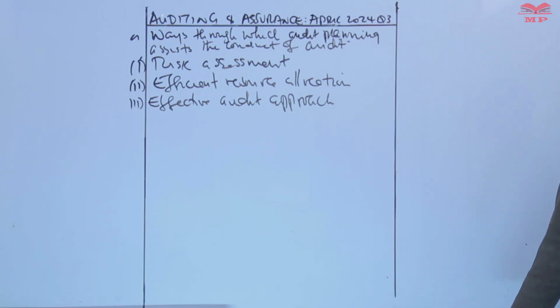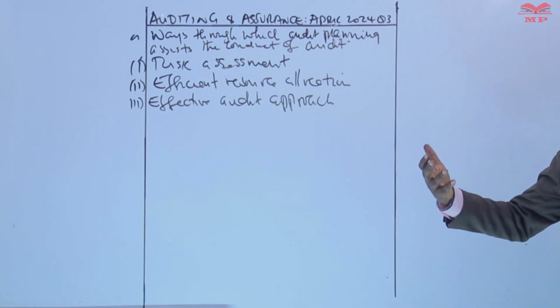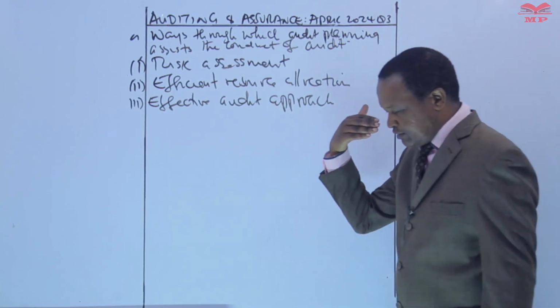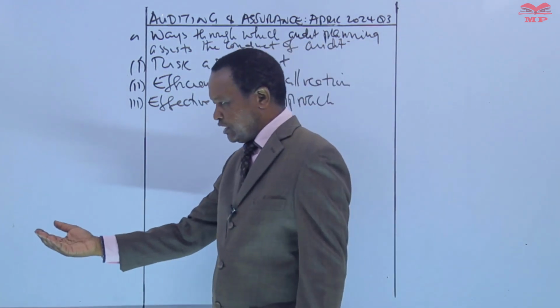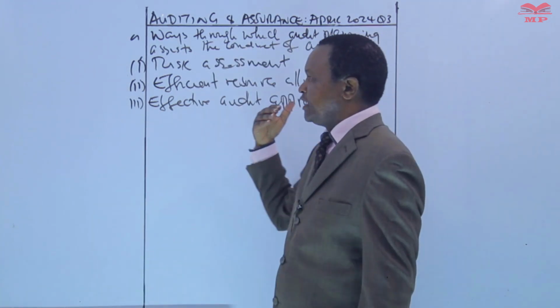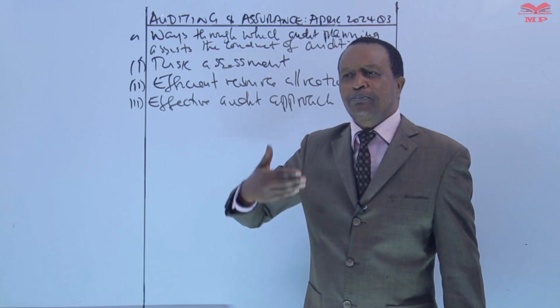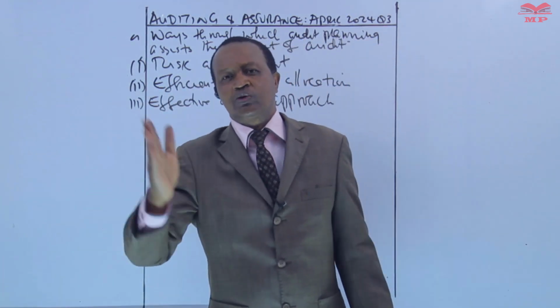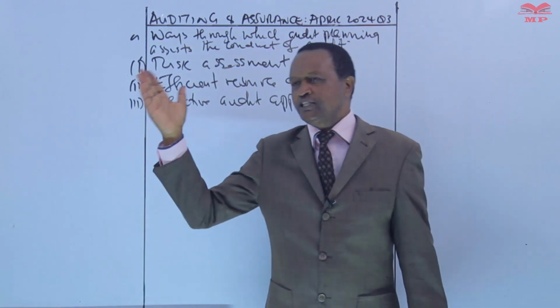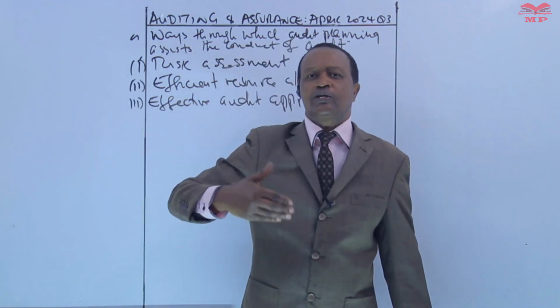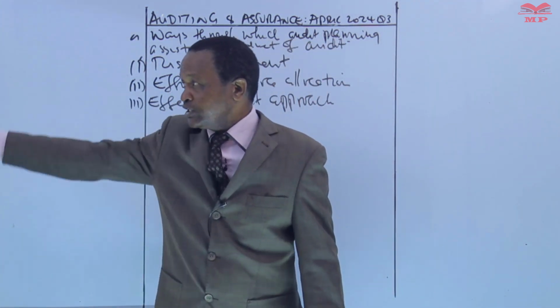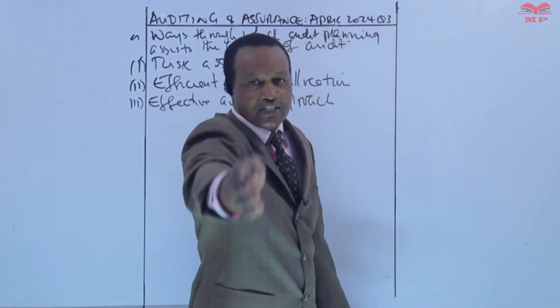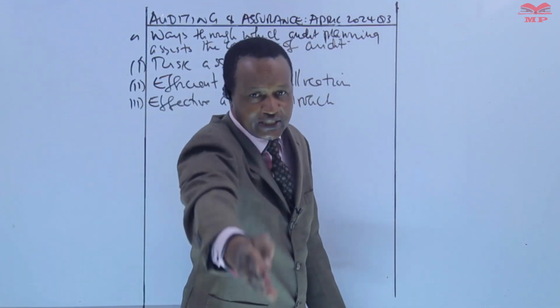You understand? It also provides a roadmap for the audit team. An audit plan provides a roadmap, because a plan is a roadmap. A plan is a predetermined course of action. The audit team knows in advance what is required of them. They know the direction, the road to take, the roadmap when auditing.